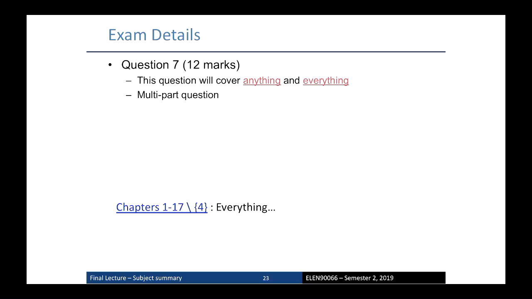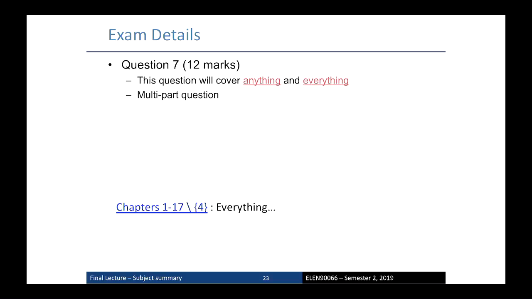There are lots of parts to this question. These questions are more word-style answer questions. Given a sentence, explain something, or explain the benefits of something over something else, but it's drawn from virtually all parts of the course.